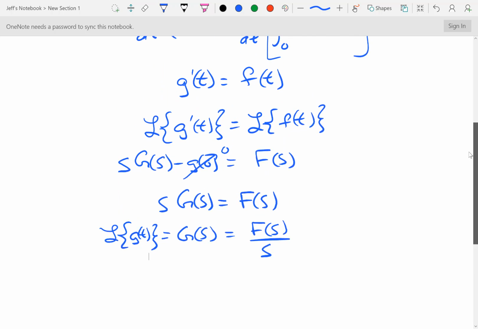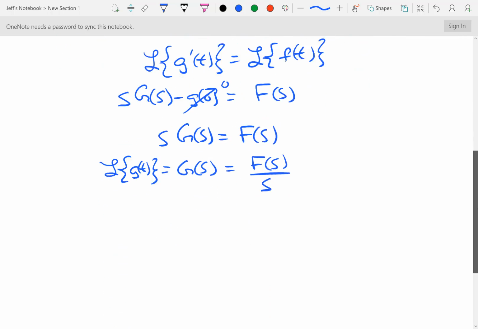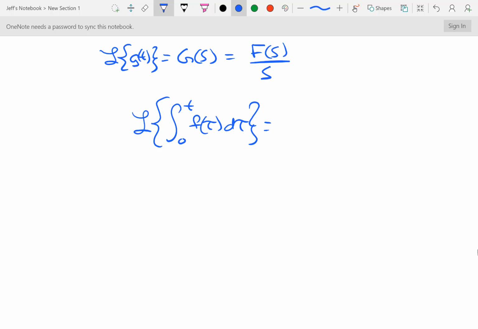If I scroll up here, we defined g of t to be this function that is defined in terms of the integral. So if I just resubstitute that back, then what I get is that the Laplace transform of the integral from 0 up to t of f of tau d tau is equal to capital F of s divided by s. And that proves that result.